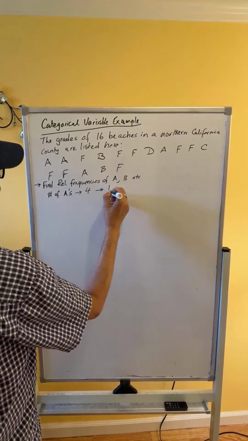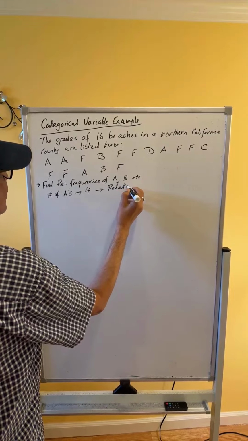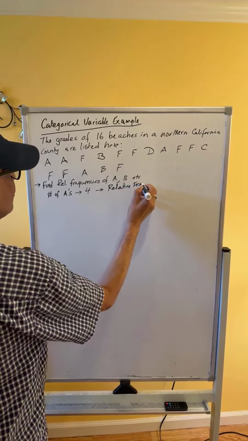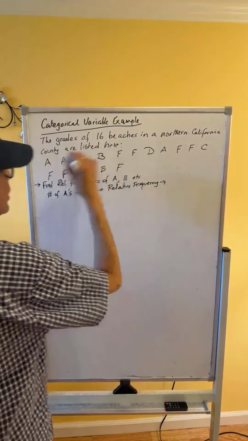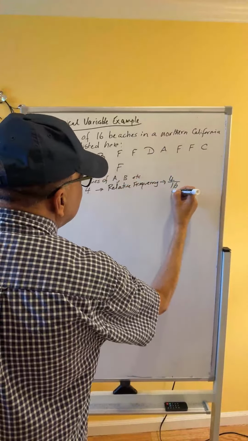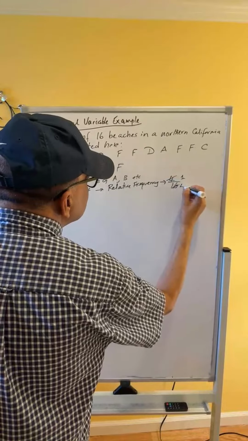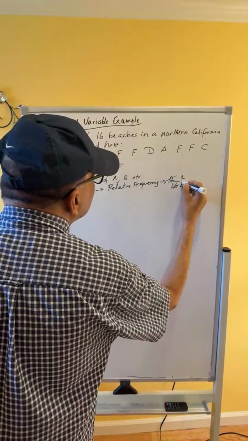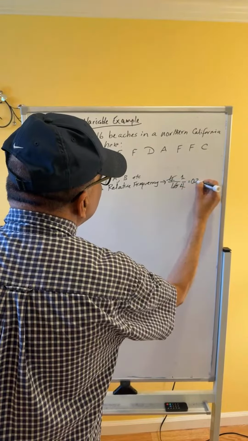So relative frequency is, you take the number 4 and divide into it the total count, which is 16 beaches, is 4 out of 16. 4 goes into itself 1 time, 4 goes into 16 4 times. 1 out of 4 or 0.25.